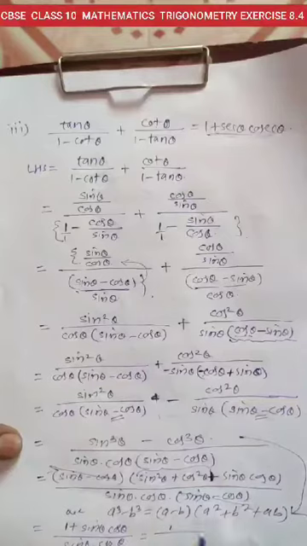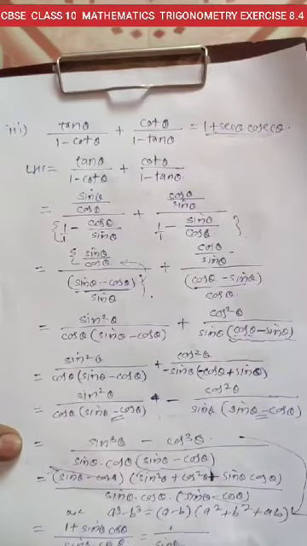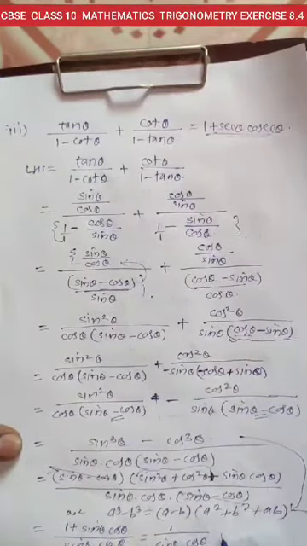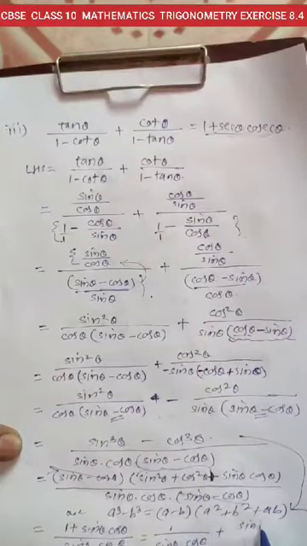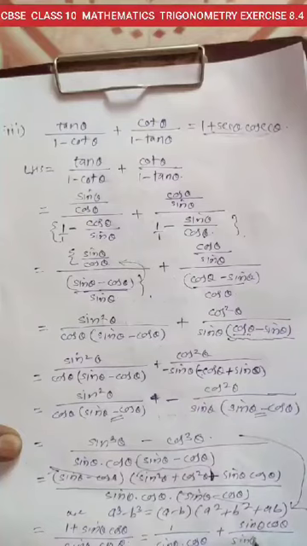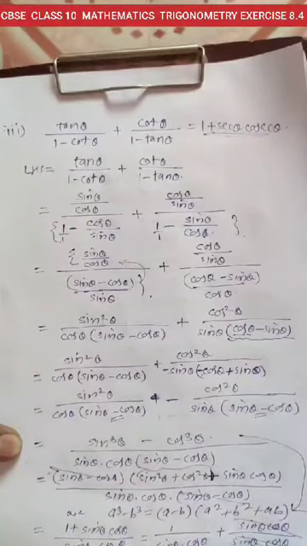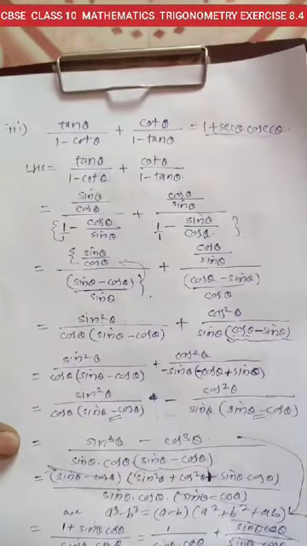In the next part, 1 upon sin theta into cos theta plus, simply separating this term, sin theta into cos theta upon sin theta into cos theta. This similar term gets cancelled. What will be the remaining value? The remaining value is 1 upon sin theta into cos theta.